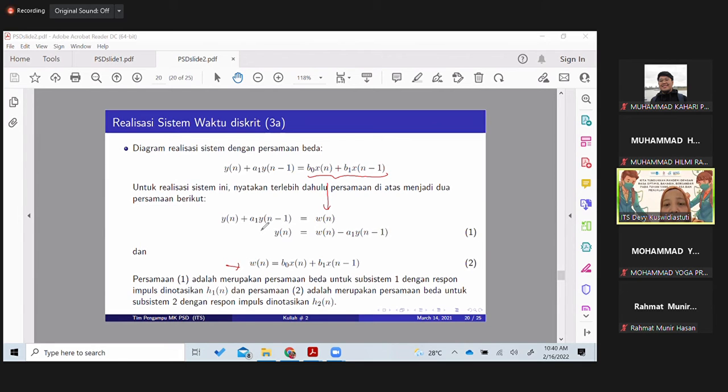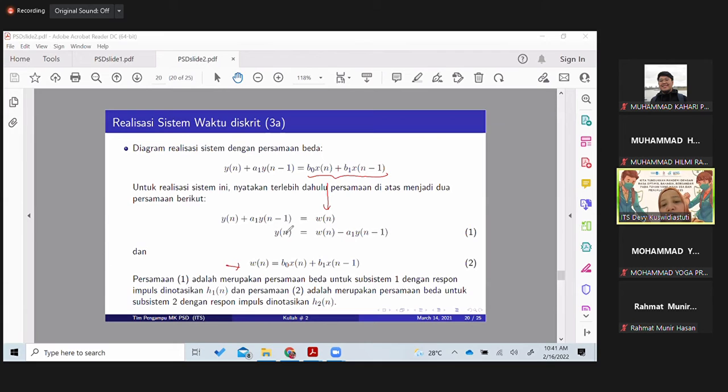So this is the output of the system, equals blah blah blah. You always have to make the differential equation become the definition of the output, equals the input minus a1 y n minus 1.